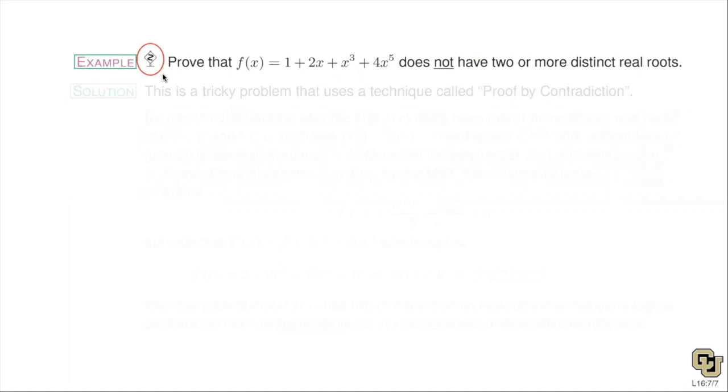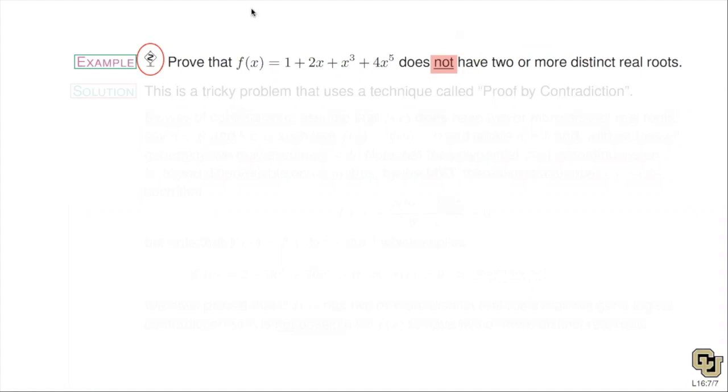And if we read the question, it says, prove that the polynomial f of x equal to 1 plus 2x plus x cubed plus 4x to the 5th does not have 2 or more distinct real roots. So remember, a root is just the same as an x-intercept. And just a little background, it's been proven that an nth degree polynomial will have n roots. So here the roots could be complex or real.